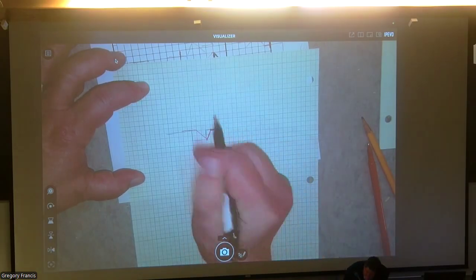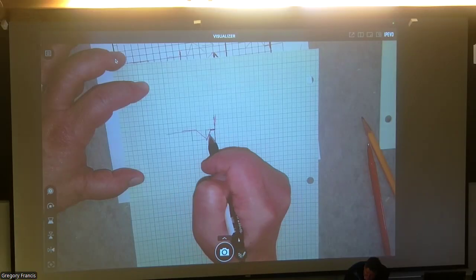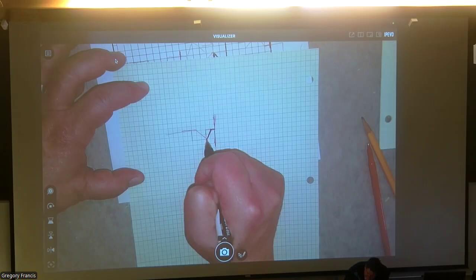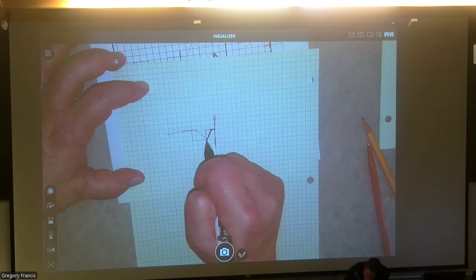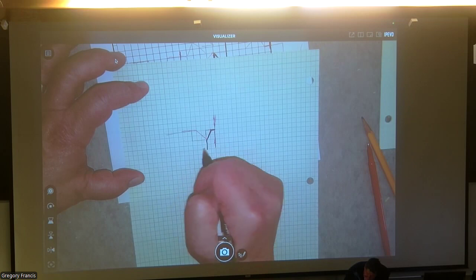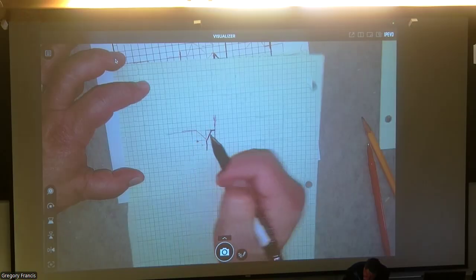Again, I've got 0 and 0. Here, the square pulse is 0, so it's just the red pulse. But when I get to here, I've got -2 from the square pulse, -2 from the red pulse, and so that goes to -4. And then here I've got -1 and -2, that's -3. And here I've got 0 and -2, that's -2.